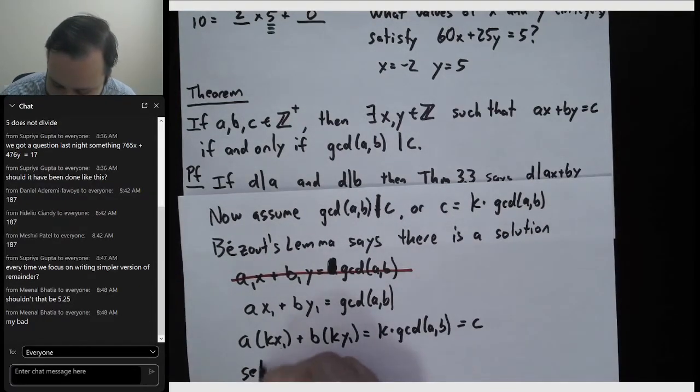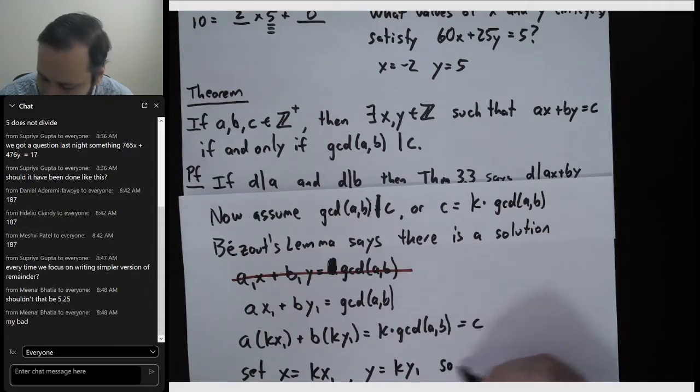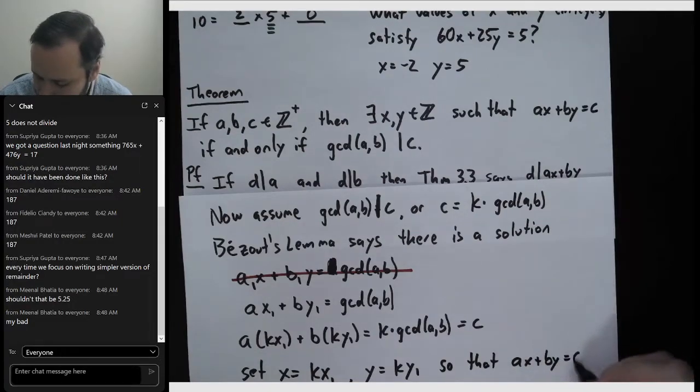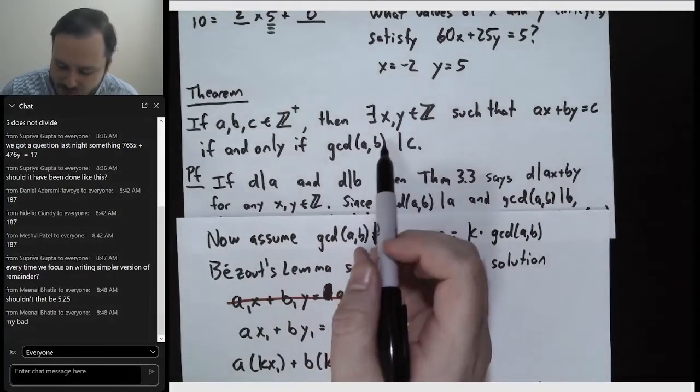So we set x equal to k times x1, y equal to k times y1, so that ax plus by is equal to c. And now I've done the reverse direction.